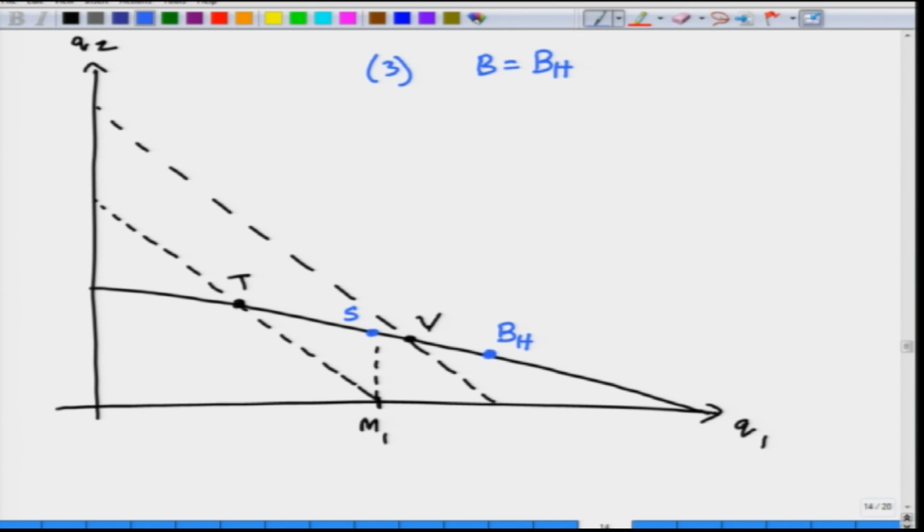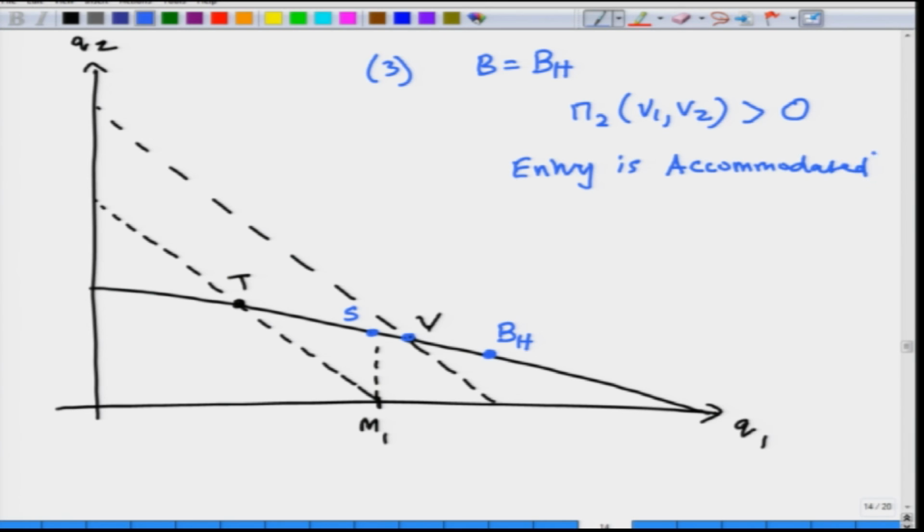Now the entrant's profit is positive at its worst possible Nash equilibrium. In such a case, the incumbent will find it simply profitable to accommodate the entrant and not deter it. So, this is the case where entry is accommodated.